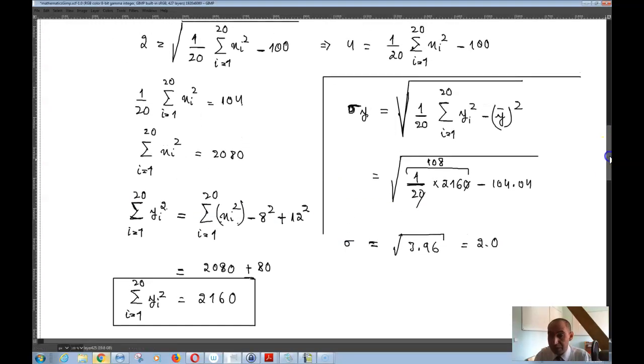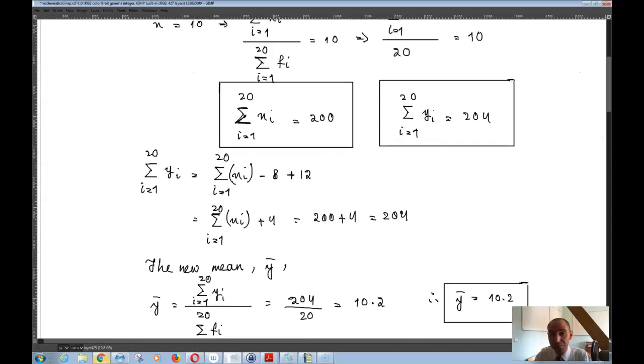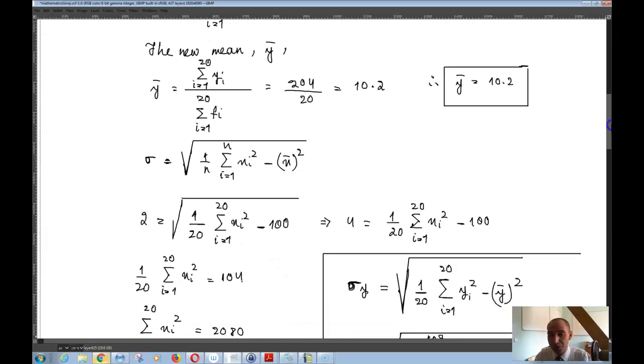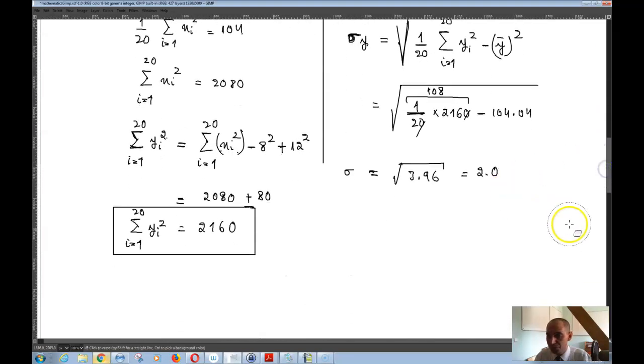So that is that, and your y bar is equal to 10.2, and your sigma becomes 2. The answer that I have in the book is 10.2 and 1.98, which is, well, kind of the same thing.